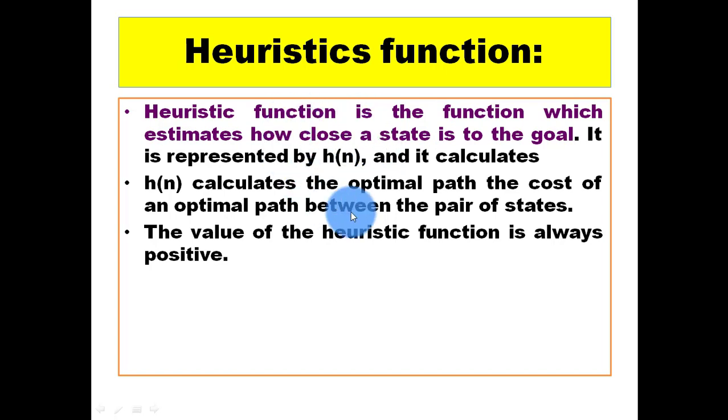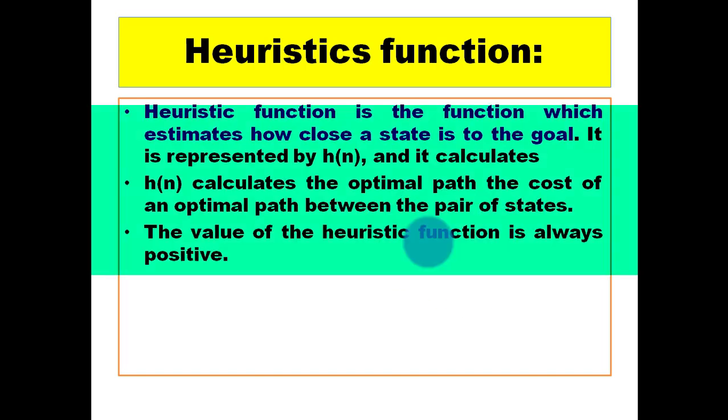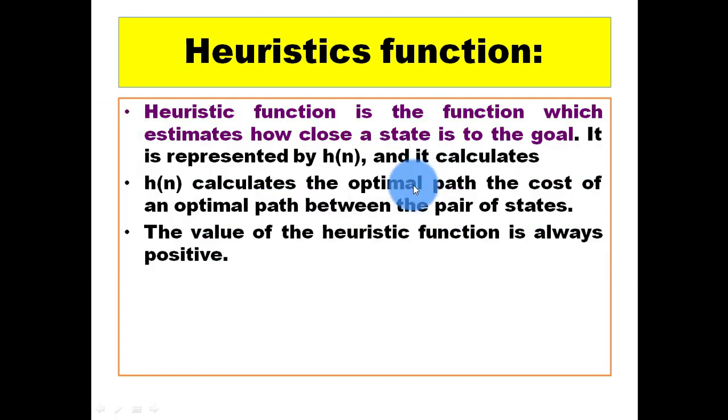Hn calculates the cost of an optimal path between a pair of states, that is, your current state and goal state. And the heuristic function's value will always be positive. Do note it: Hn value will always be positive.